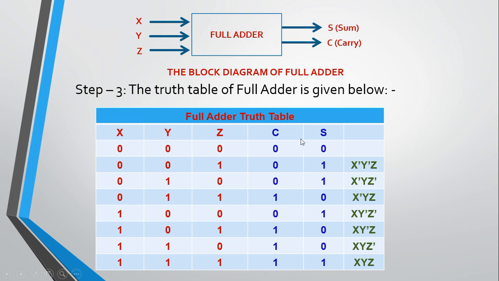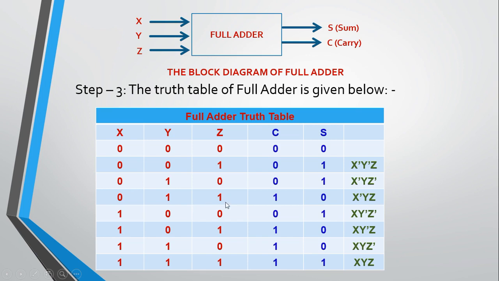Now you need to write carry and sum. So for the sum there is 0 0 0, that means 0 0 will return 0, right? Now 0 0 1 will return 1, again 0 1 0, there is only 1. Now consider this particular case, 0 1 1.